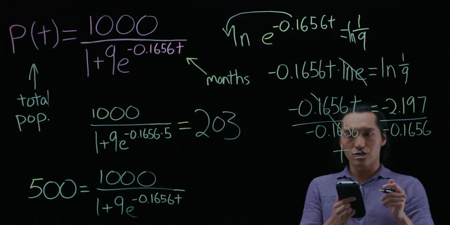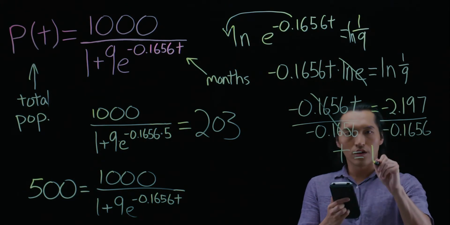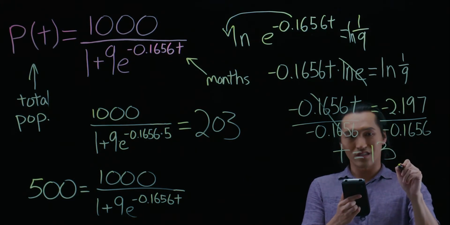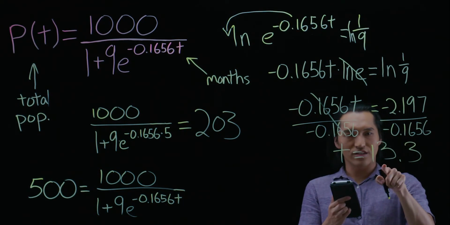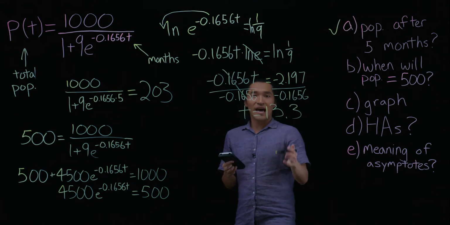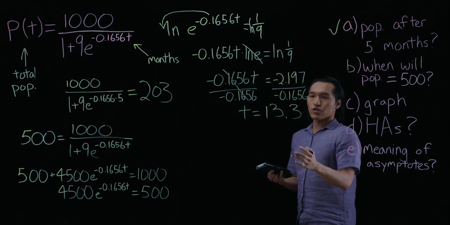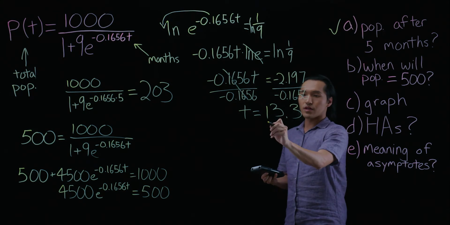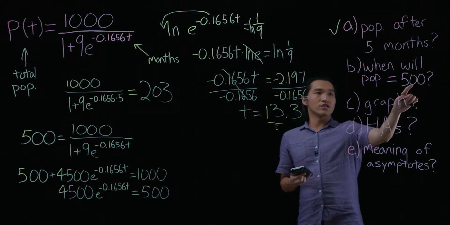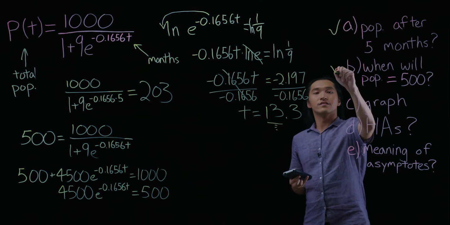The answer here is roughly 13.3. But we can just round it to 13 because they're asking us how many months it would take, so we can round it to a whole number. So it's going to take roughly 13 months for the population to reach 500.